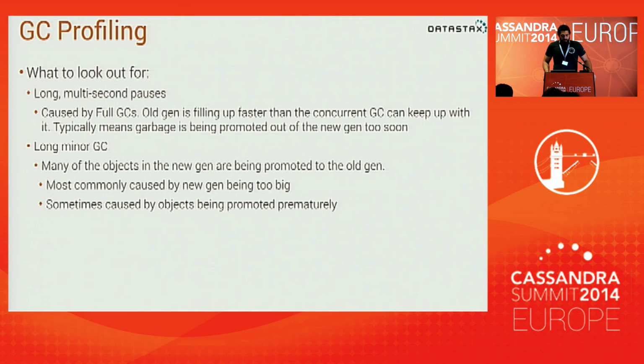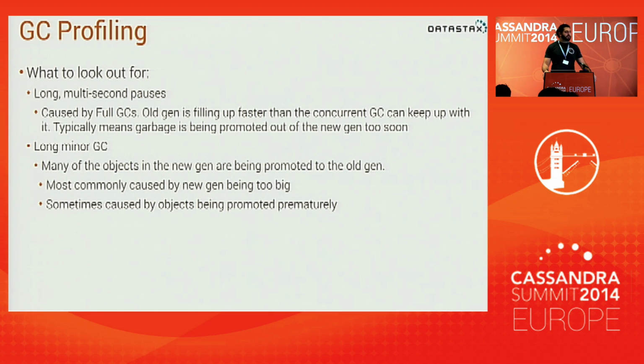So basically, the thing you want to look out for is long multi-second pauses, right? If you've got stop the world pauses happening all the time, your cluster performance is going to be terrible. And what's going to be really confusing is that if you're running in Amazon, you're probably running Cassandra on nodes that have 16 cores, and your CPU won't be very high, your memory usage won't be very high, and your disk won't be high.